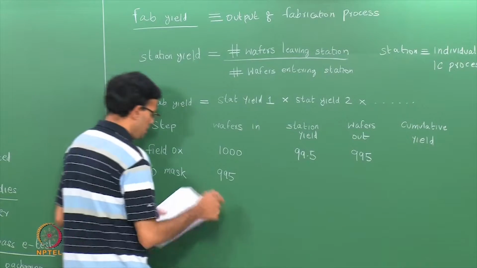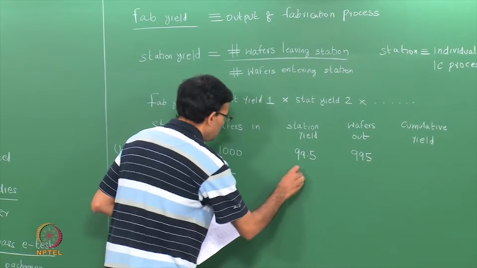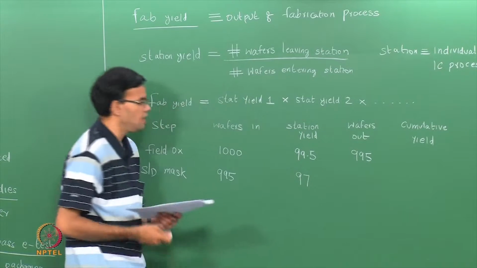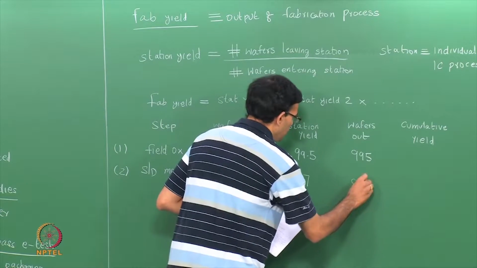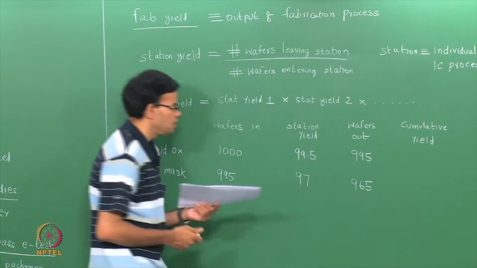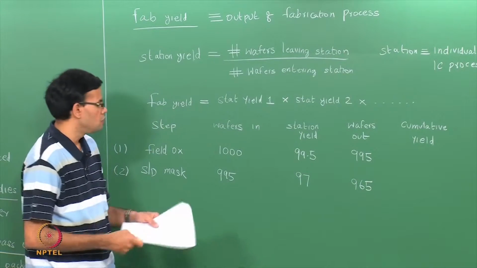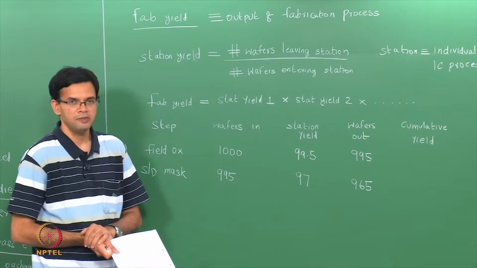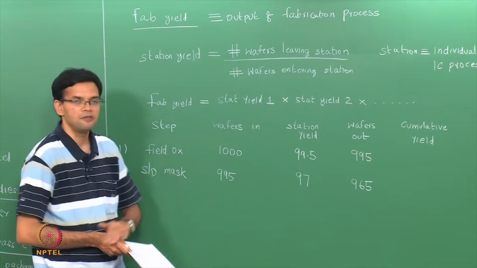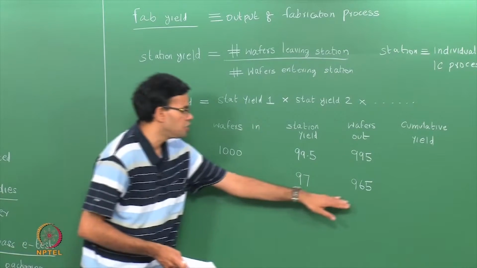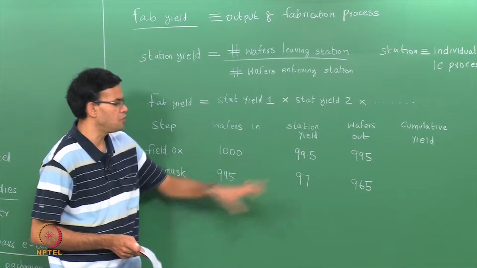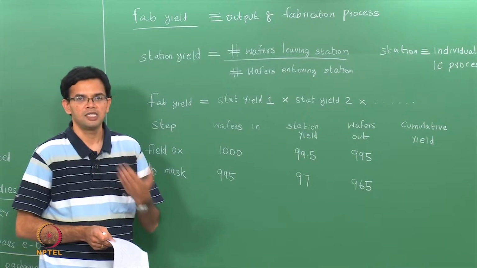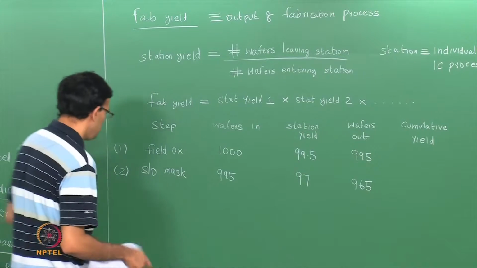So, we start with 995 wafers. Your station yield is 97%. So, the wafers out is 965. So, already with just 2 steps we started with 1000 wafers and we have essentially lost 35 wafers, even though your individual station yields are much higher than 95%.